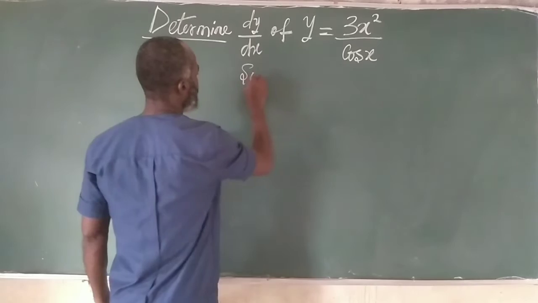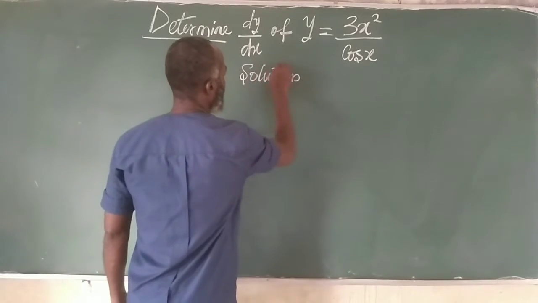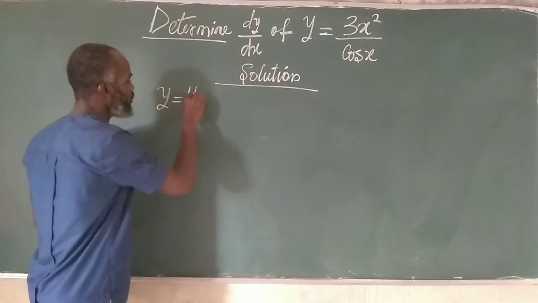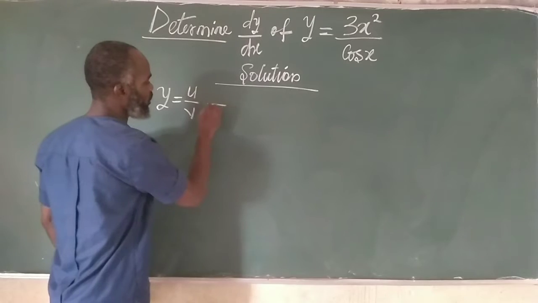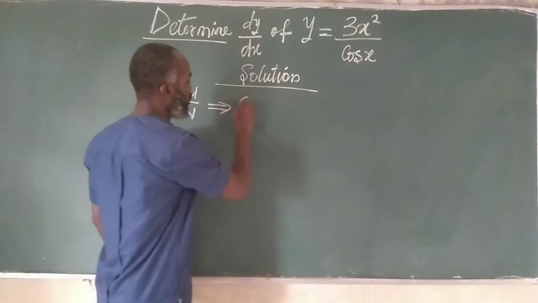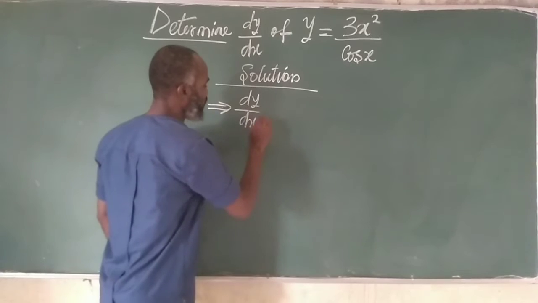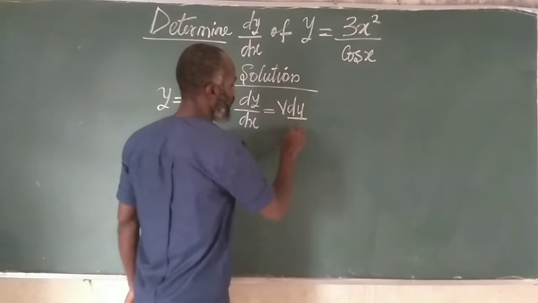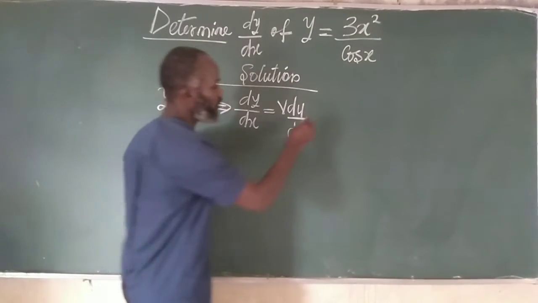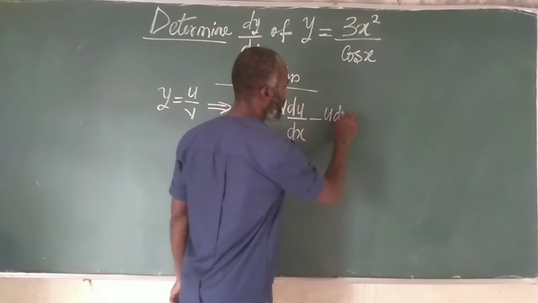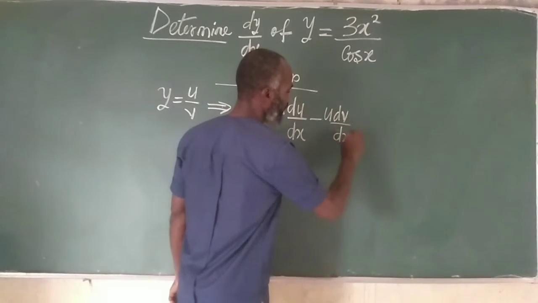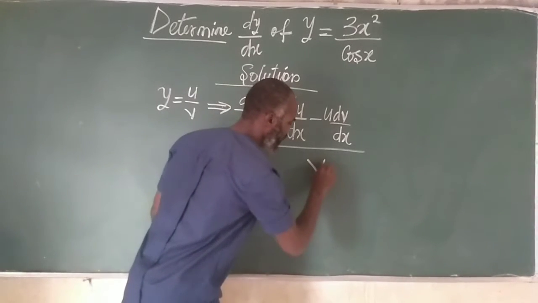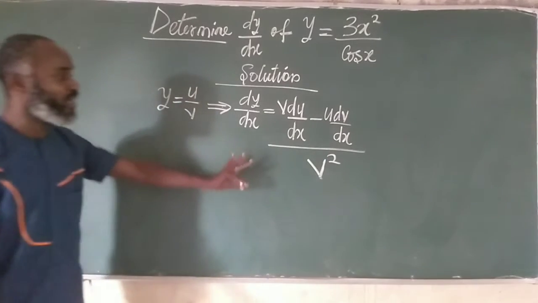So we quickly write down our solution, and specify our function as u over v, which implies dy/dx is equal to keeping v, differentiating u with respect to x, minus keeping u, differentiating v, all over v squared. We are familiar with this now.